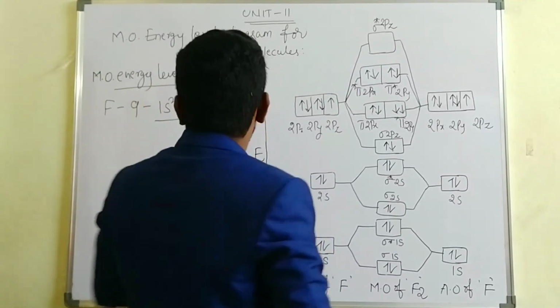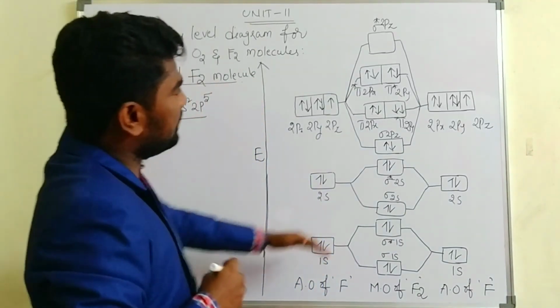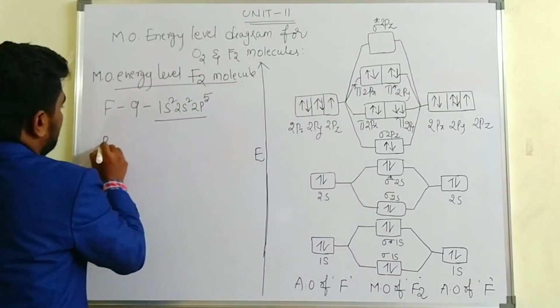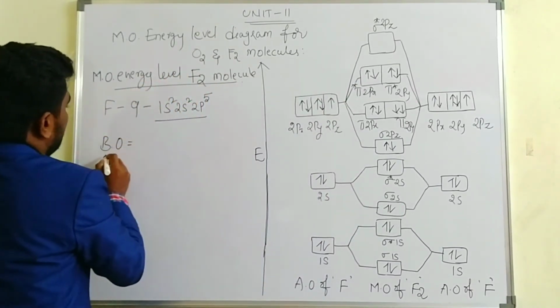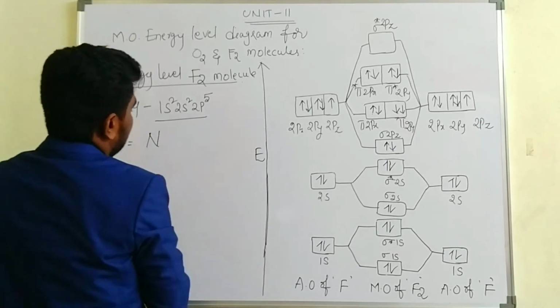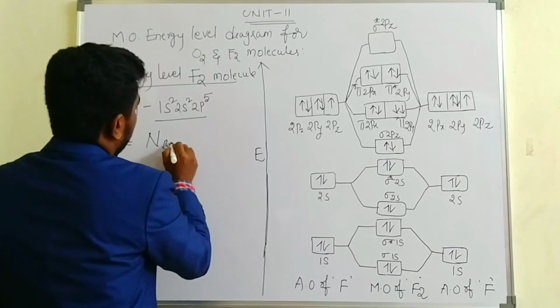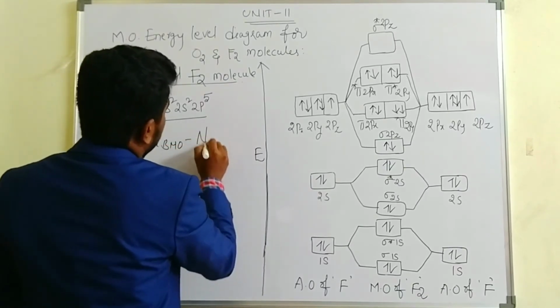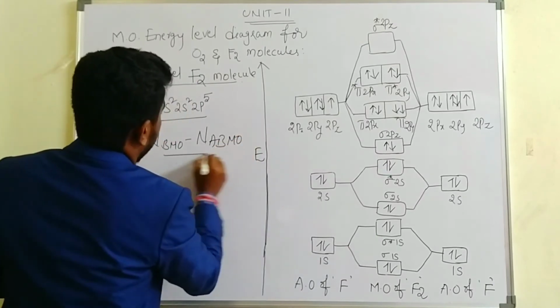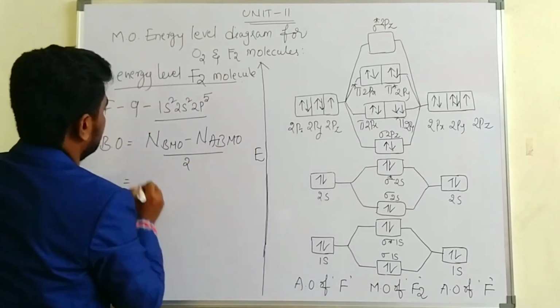Now after filling up the electrons here, we need to check the bond order of the fluorine molecule. What is the bond order here? It is the number of electrons present in the bonding molecular orbitals minus the number of electrons present in the anti-bonding molecular orbitals, divided by 2, isn't it?